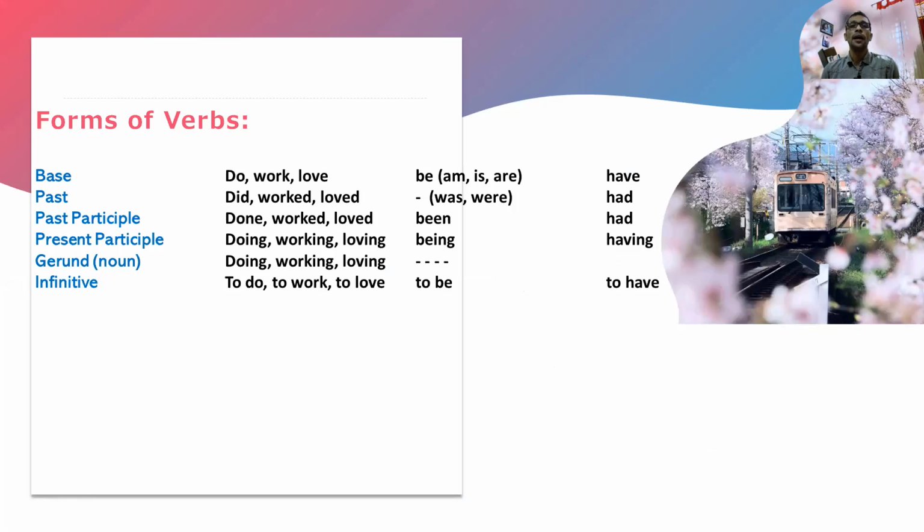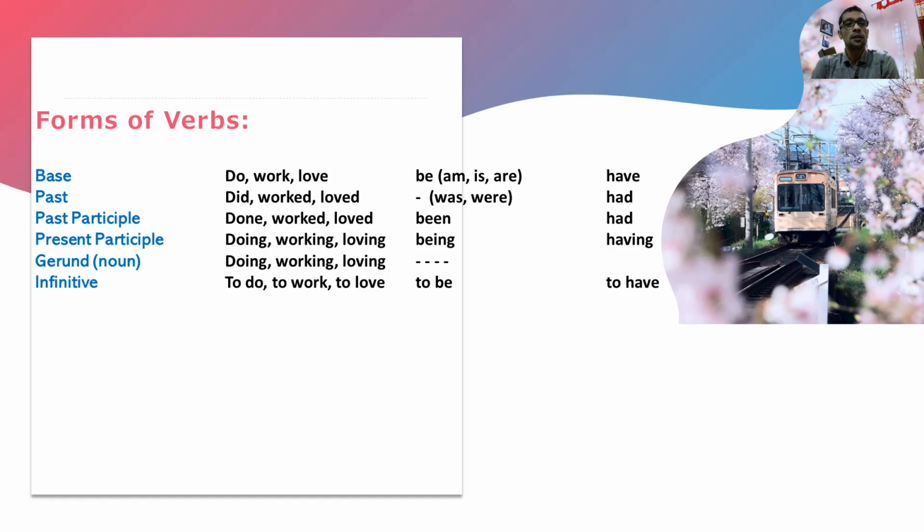I want you to have a look at this very important slide. You will have to know how words can be changed with the structures and with the different grammatical patterns. Look, for example, do. This is the base form of the verb. It would be did in the past, done in the past participle, and in the present participle, it would be doing. Gerund would be doing. Infinitive would be to do.